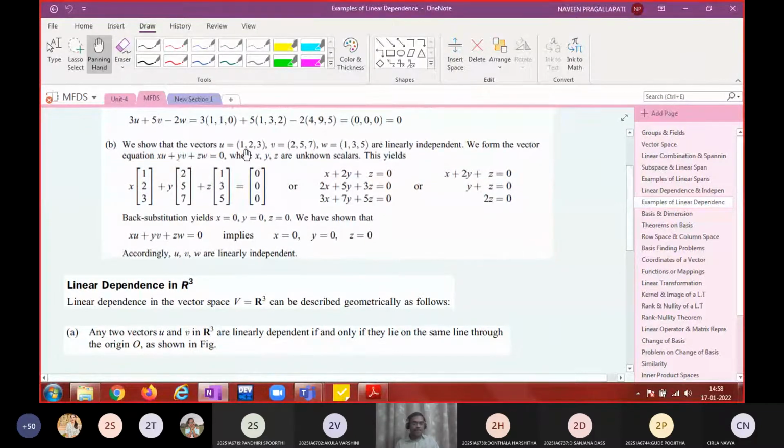Similarly, if you want to check whether these three are linearly independent or not, they are linearly independent only when the linear combination of these three vectors becoming zero forces everything to be zero.